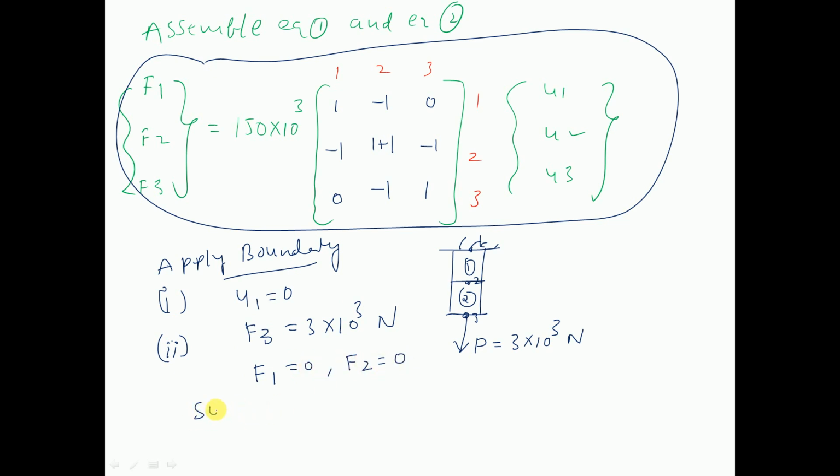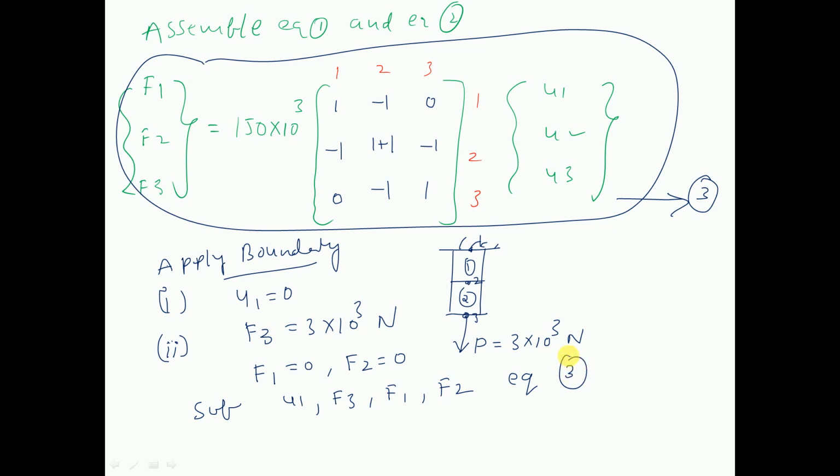Then substitute U1, F3, F1, F2 in the global equation, that is equation number 3.